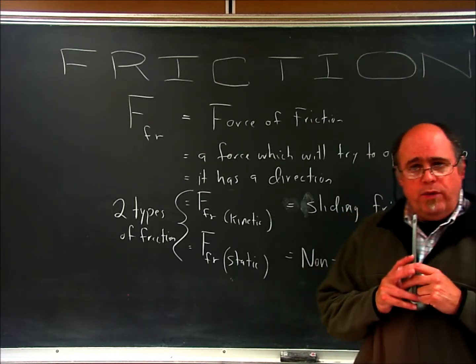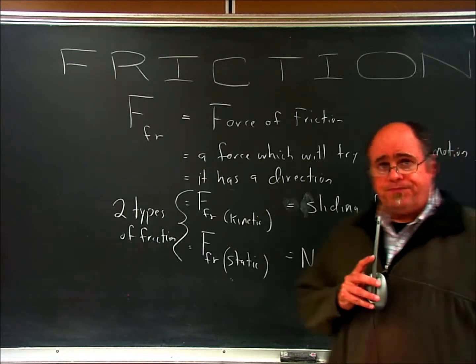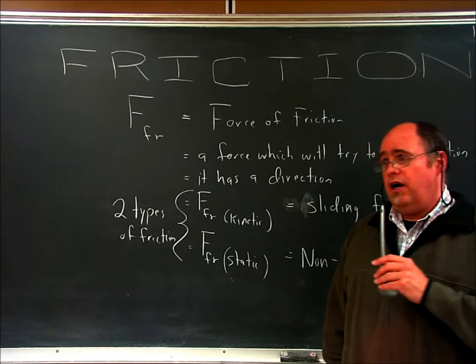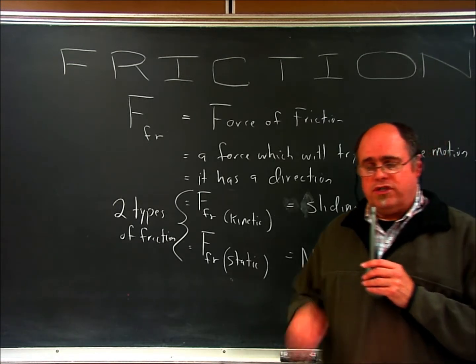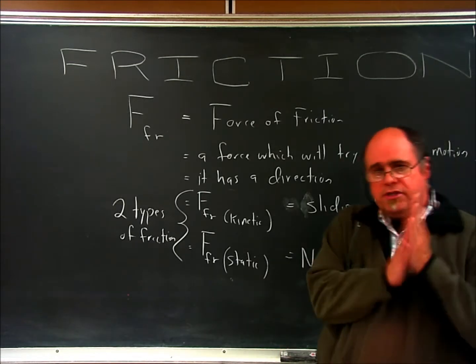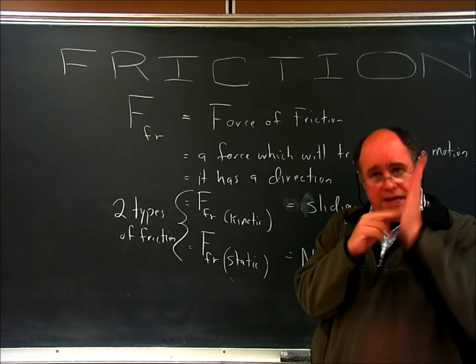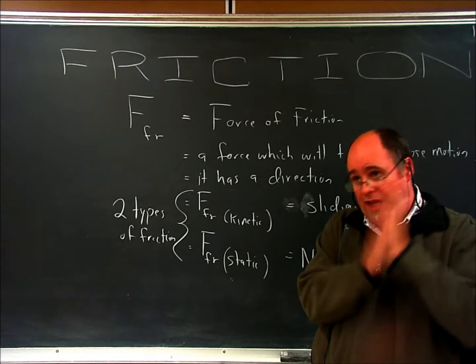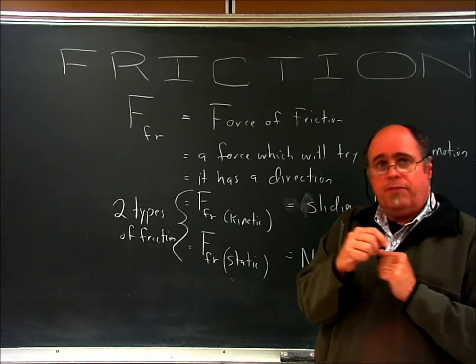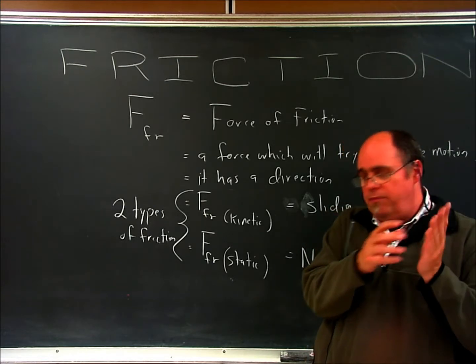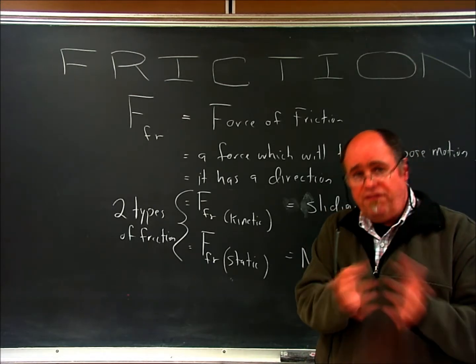So when we have friction, we're trying to slide two objects together. On the microscopic level, since no surface is completely smooth, both surfaces look very rough.